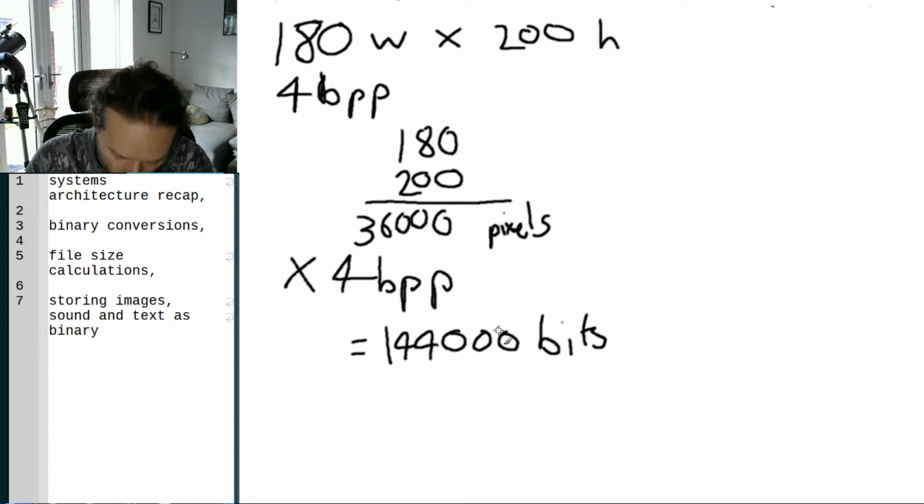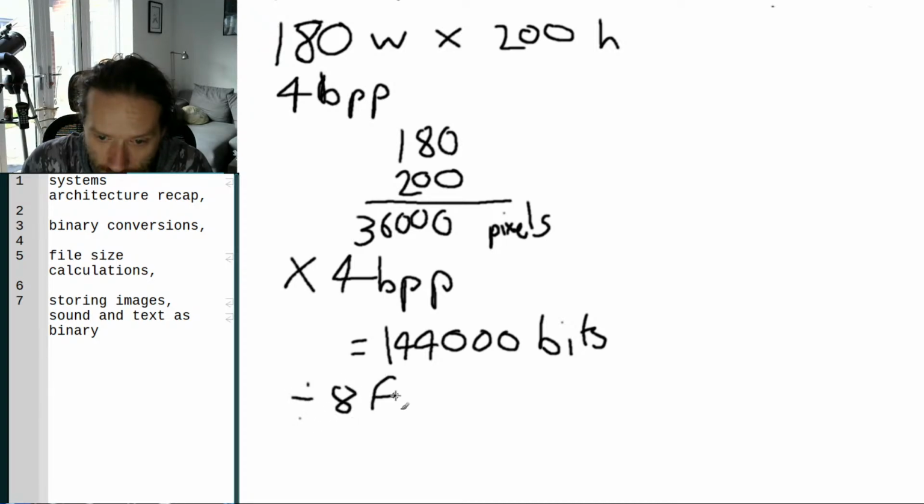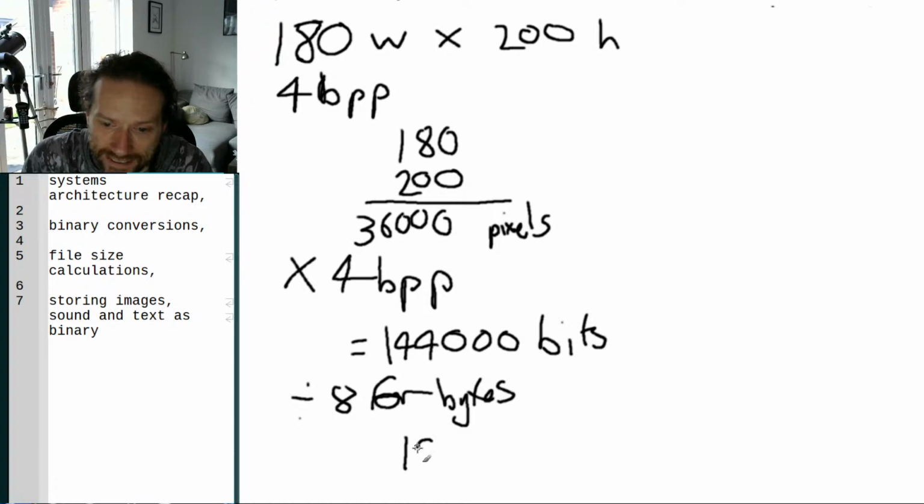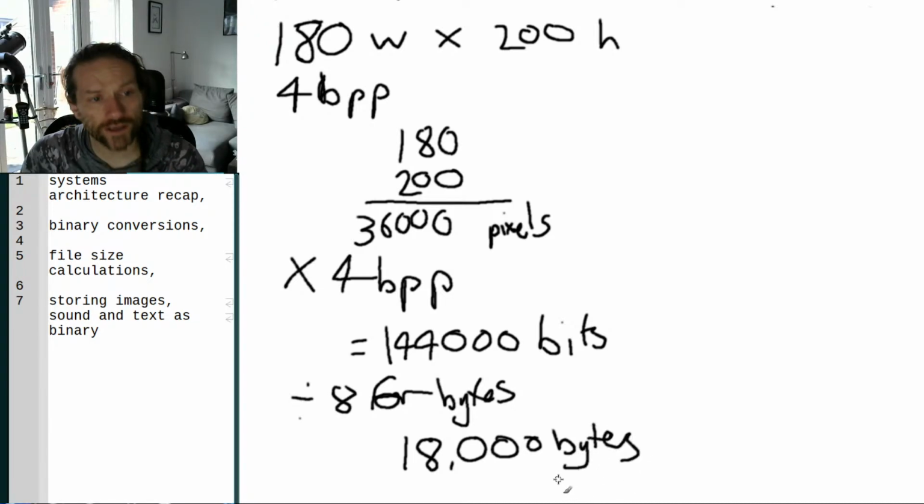Okay, so 144,000 divided by 8. So once again, divide by 8 for bytes. And we end up with 18,000 bytes. Okay. Now we're not quite done yet.